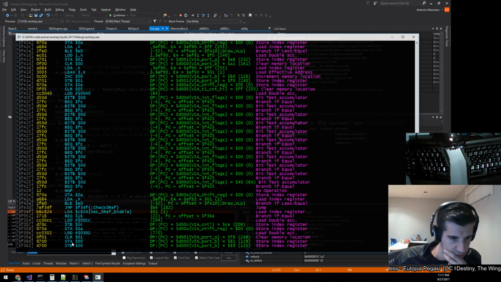And then store A. So actually we cleared it. Okay, and then, sorry, then we wrote A to B and then B to B. We wrote the value in register A, which is 3, to port B. And then we wrote the value in register B to the same port.